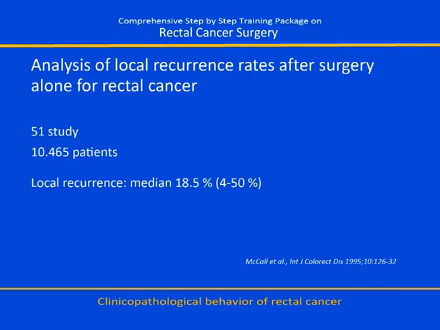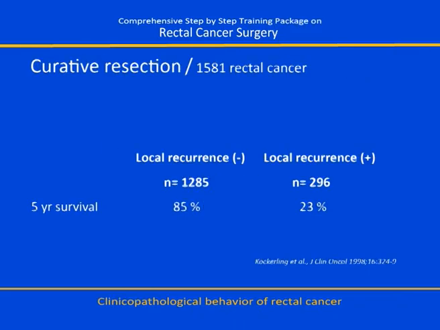10,000 patients in McCall's meta-analysis again showed that surgeons trying to do TMEs were in fact getting much better results than surgeons who did not even claim to be tackling the TME challenge.